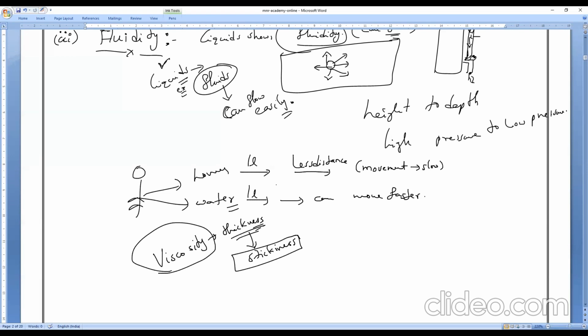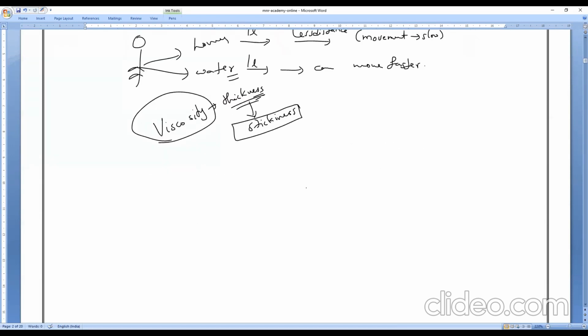So from this, I can say, is the fluidity of different liquids the same or different? Different fluids have different fluidity. Very, very important point. Understand, Mr. Lingesh, Kishore? Write it down.